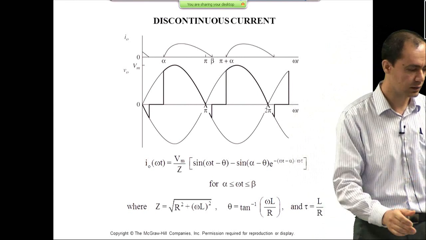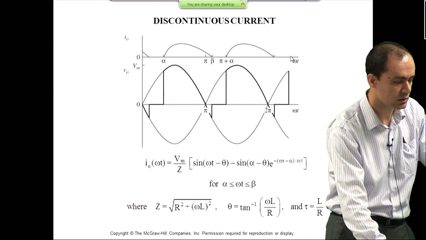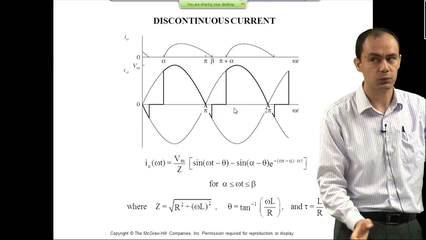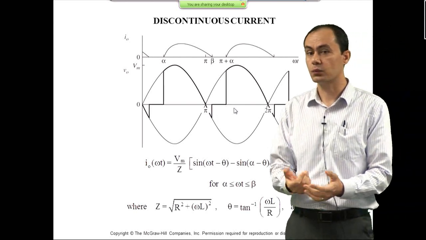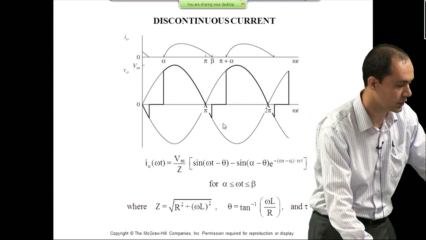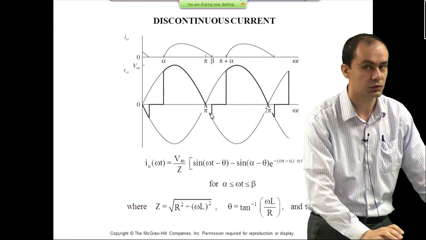As we analyzed last time, your output current is discontinuous, and this solid, thicker line is your output voltage. Please note that your output voltage at some instances is even negative, like over here, from pi to beta.